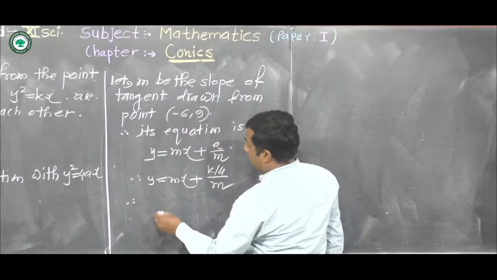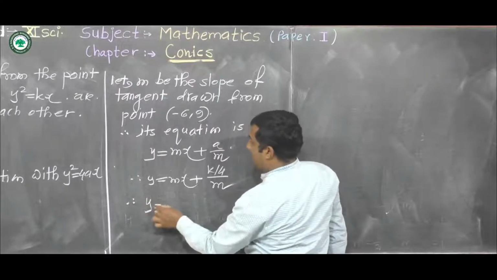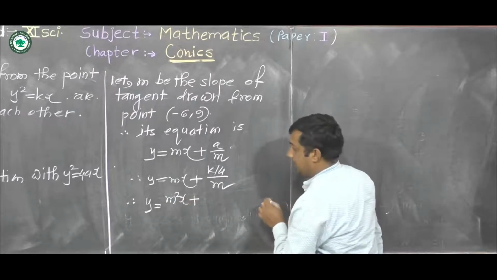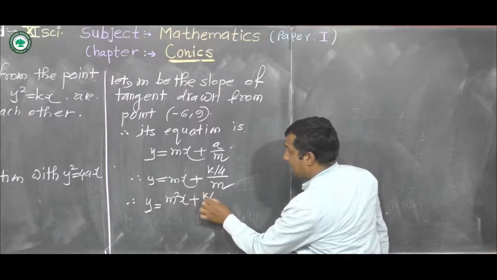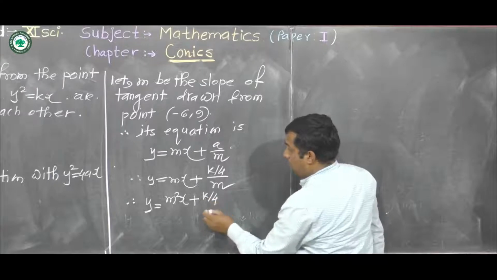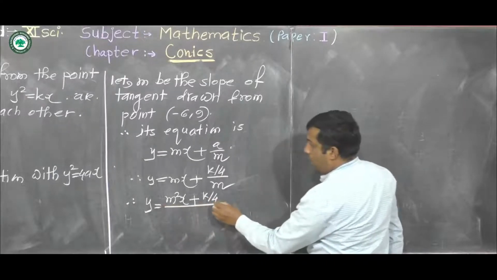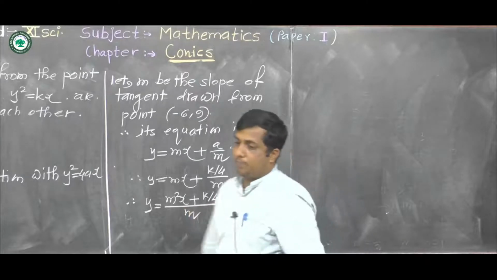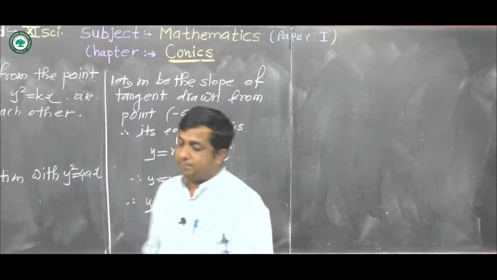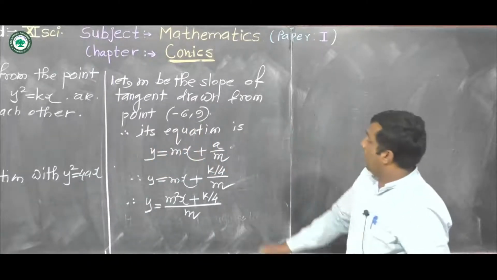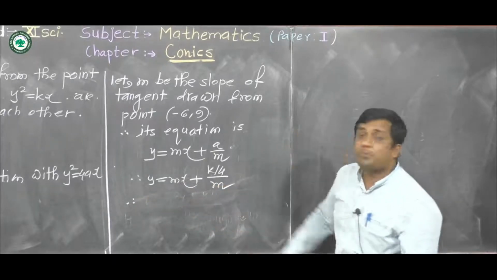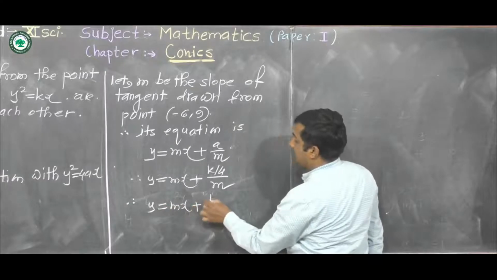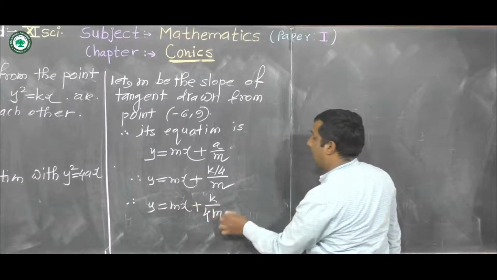So we write y is equal to mx plus k by 4m.